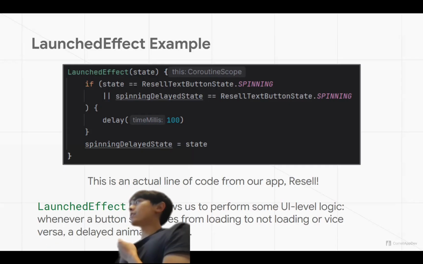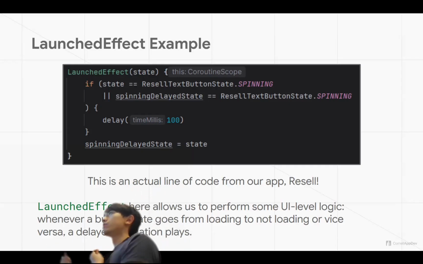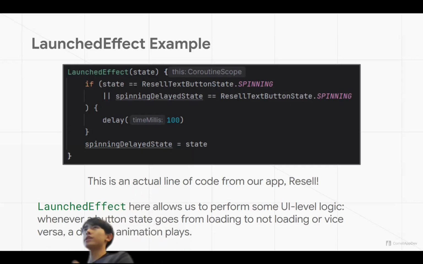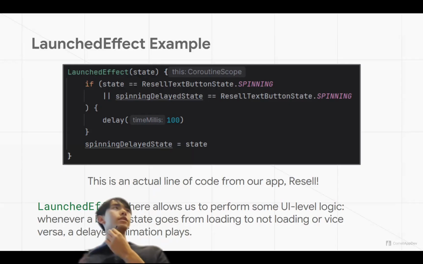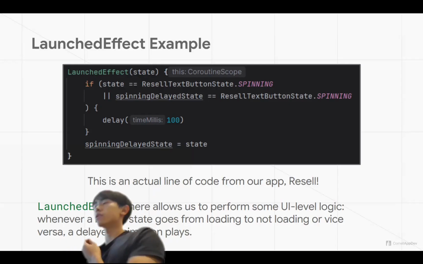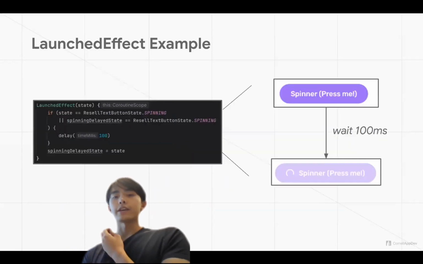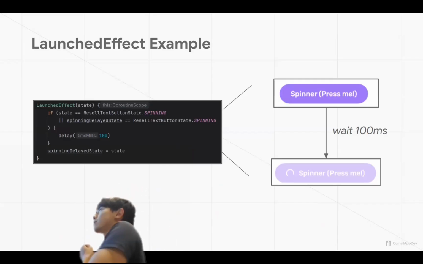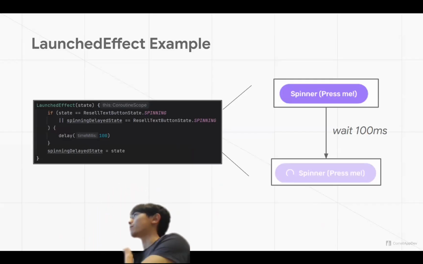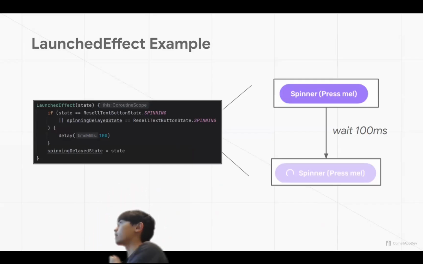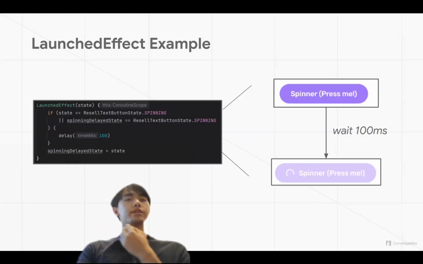So it's nice to do some UI-level logic with LaunchedEffect where possible, for small animations that the view model doesn't need control over. As an infographic, once the state changes, it'll wait 100 milliseconds before showing this animation, just to improve the user experience a little bit.